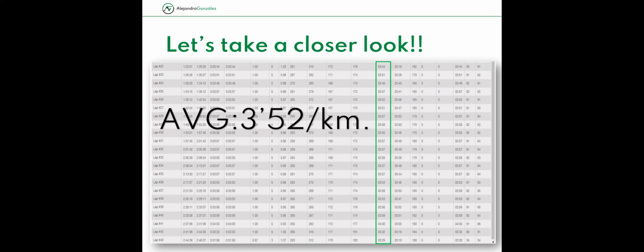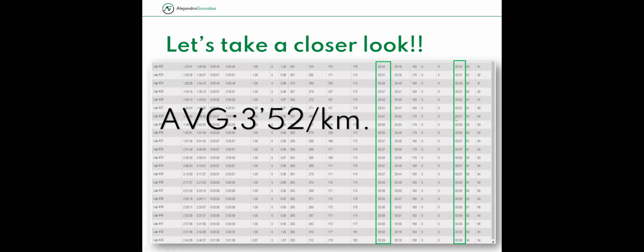Yes, the slope was negative. That means you are able to run faster than normal because the gradient is in your favor the last 2 kilometers. This is why he closed the last 2 kilometers faster than the average pace. And this is why the final average pace gave us 3 minutes and 52 seconds.